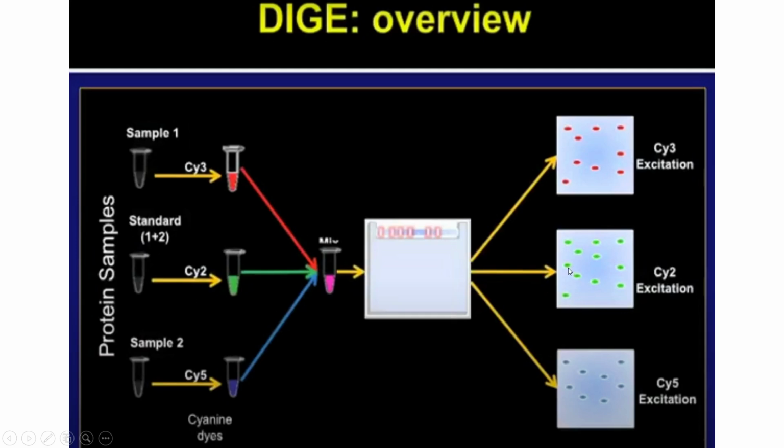So this is the protein which is only present in Cy5 but not in Cy3, whereas this is the protein which is only present in Cy3 but not in Cy5. So that's how you can determine where these spots are coming from, whether it is coming from sample 1 or sample 2, because it has both of them together.